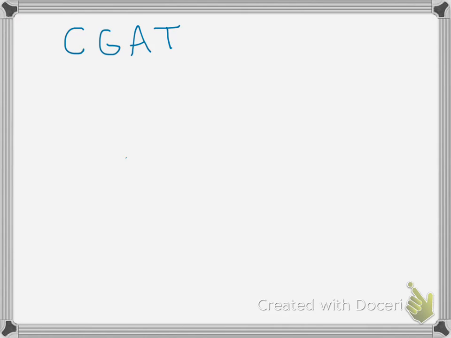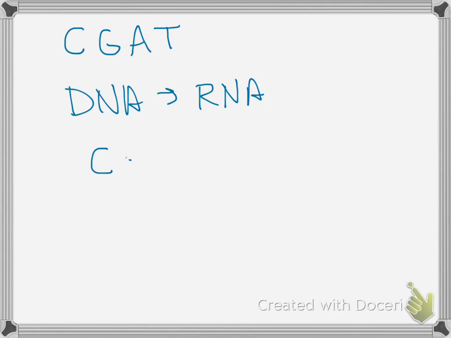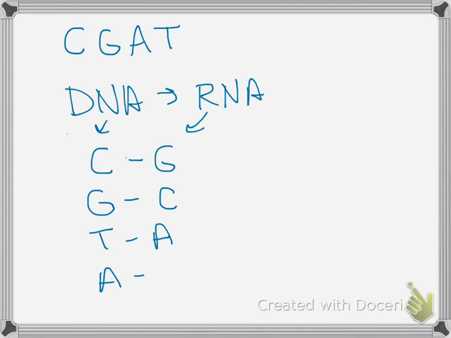But when DNA is used to create a strand of RNA, C is going to pair with G, G is going to pair with C, T is going to pair with A, and A is going to pair with U in RNA. RNA does not have T, it doesn't have thymine, so your complementary strand of RNA will have U's instead of T's.